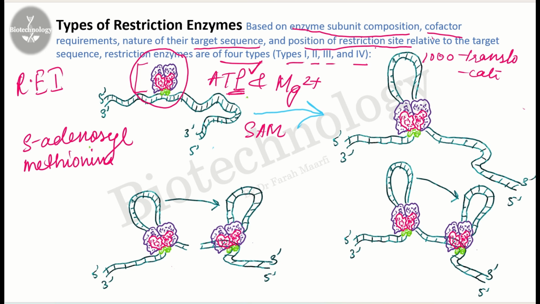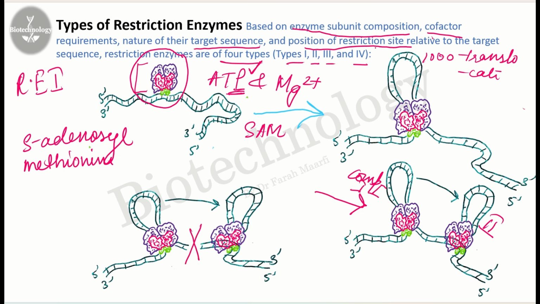And at this point, it creates a double-stranded break. So this is the first complex, and it keeps on translocating thousands of base pairs until it encounters the second complex or the position where it binds to the DNA molecule.